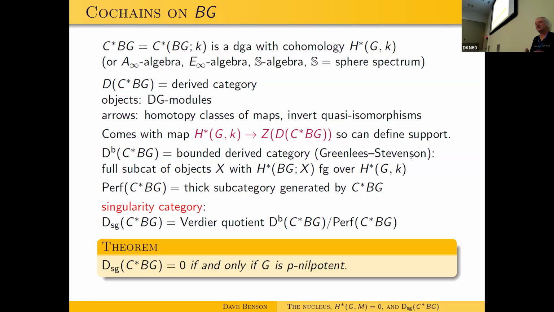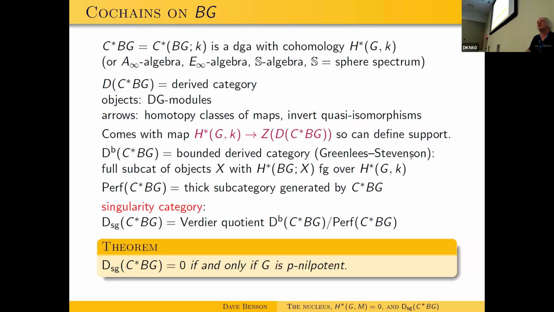It turns out that has a lot of very good properties and is a really good definition of a bounded derived category. Inside there, you've got the perfect complexes, namely those that you can build in a finite number of steps from cochains on BG. So you're allowed to take finite sums and summands, and you're allowed to complete triangles.